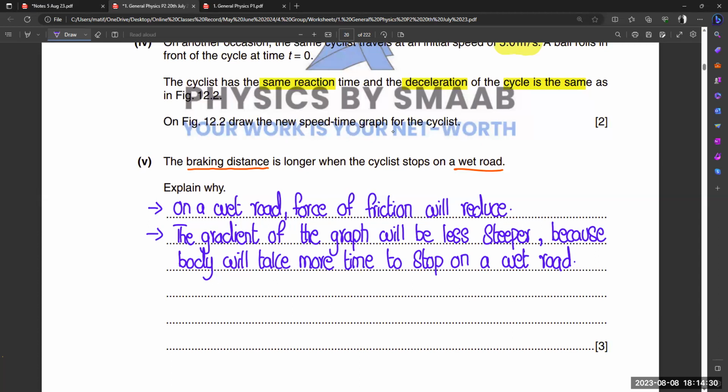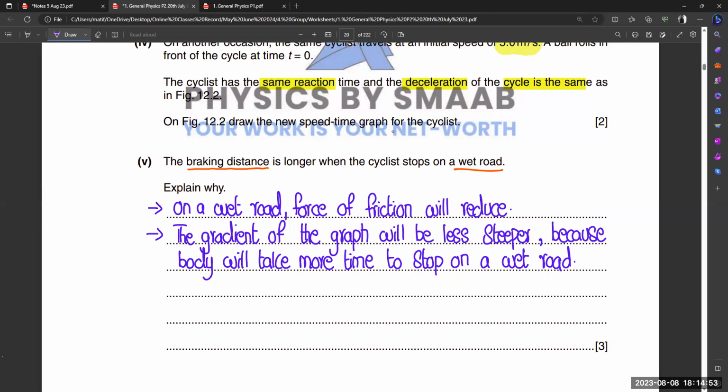We mentioned two things in the same point: the gradient of the graph will be less steep, and it will take more time, so there will be a larger distance on the x-axis of the graph, because time will increase.